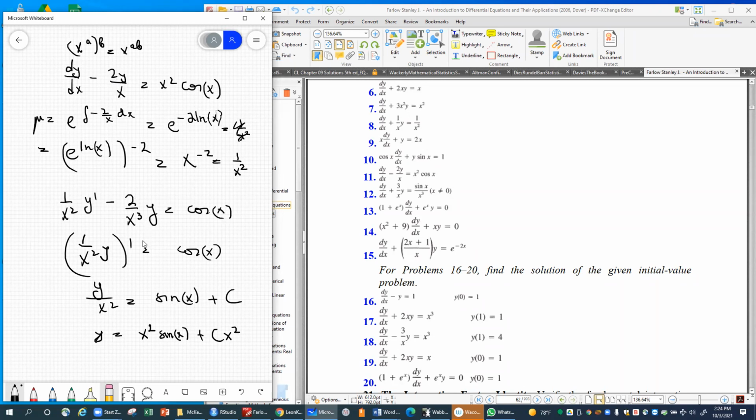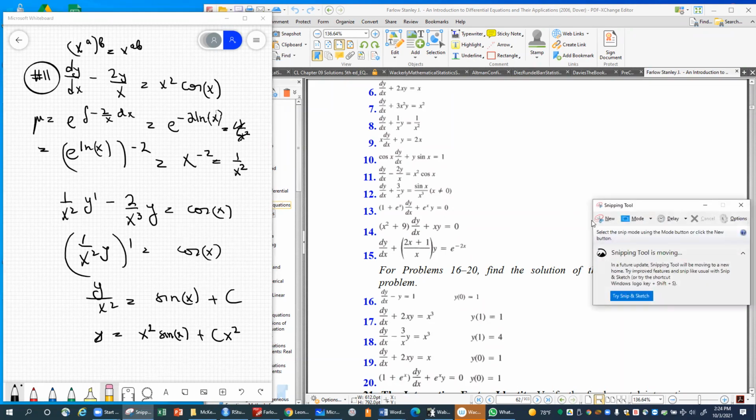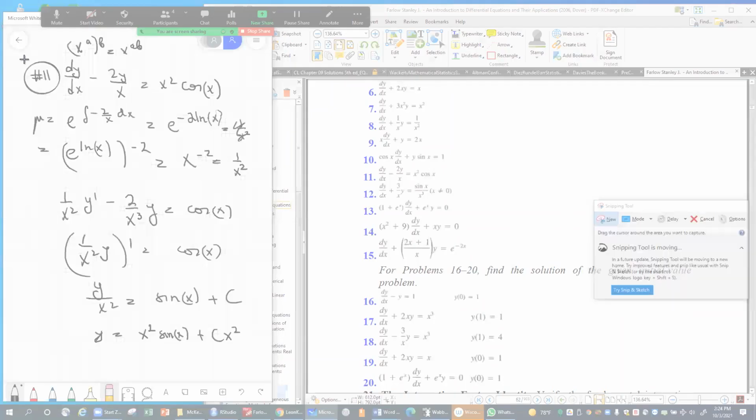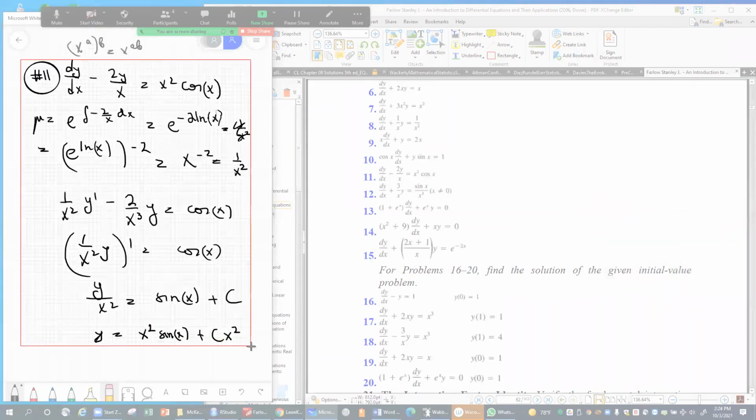And then you do times the x squared cosine x. Yeah, it cancels out. X squared over x squared cancels out, and I'm left with just cosine x. And then you do the integral of them all. Yeah. Okay. I don't know why I thought you don't multiply the middle one. No, you do. It was working before, so I don't know. Anyways, let's bring this here since we did it anyway. Why not?